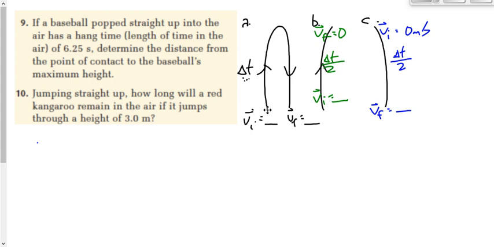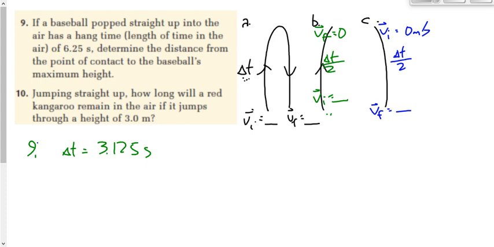Up, okay? Trip up. So for question number 9, I'm going to go green here, because we're analyzing the trip up, and that's what I drew this one in as green. My time is 3.125 seconds. Why 3.125 seconds? The whole time was 6.25, so I have to divide it by 2.